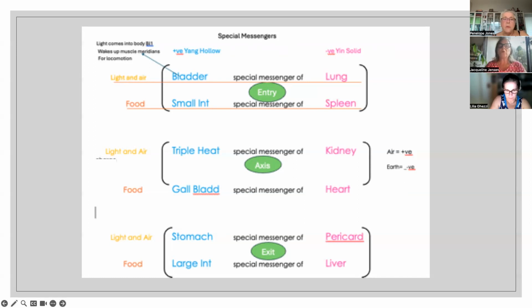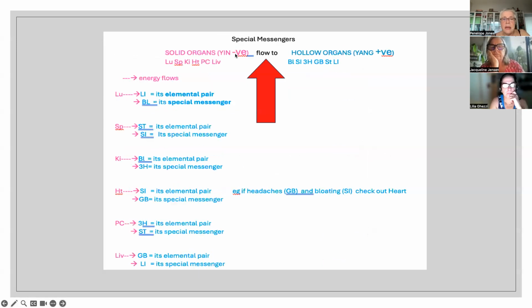Why do you think that is interesting? Because yang is positive and yin is negative, and you get flow from the yin to the yang.